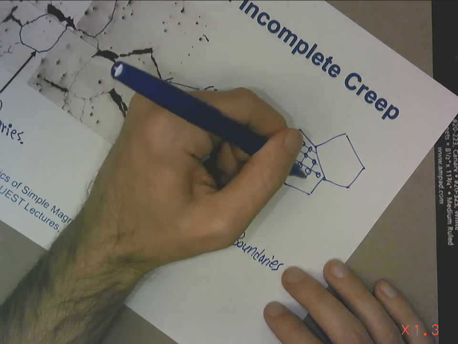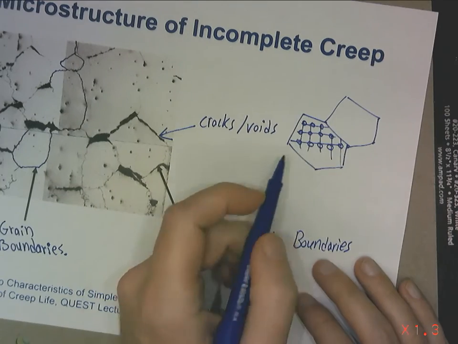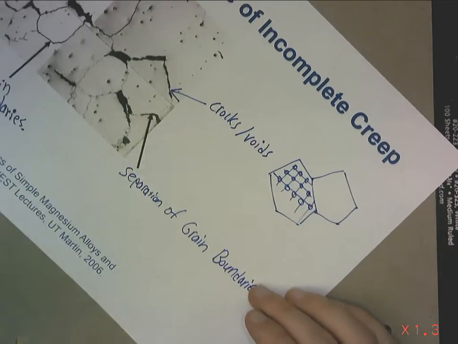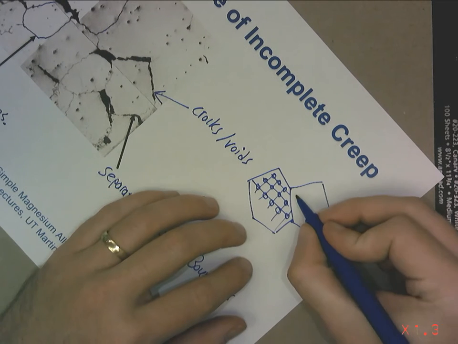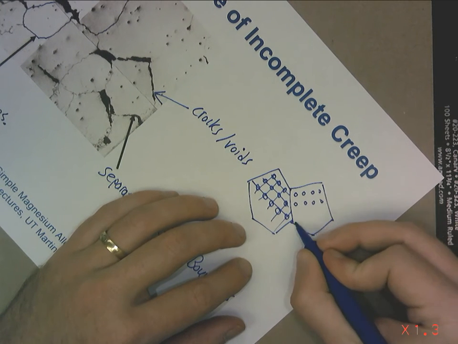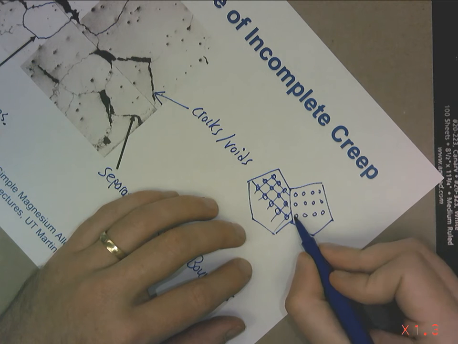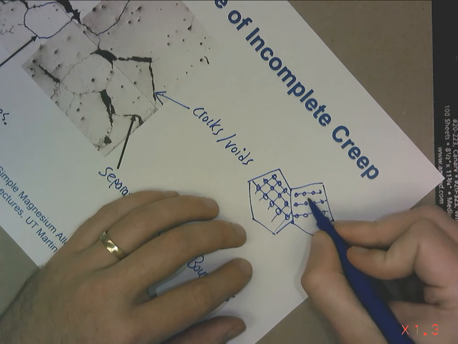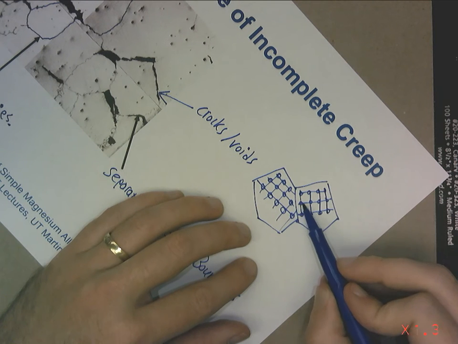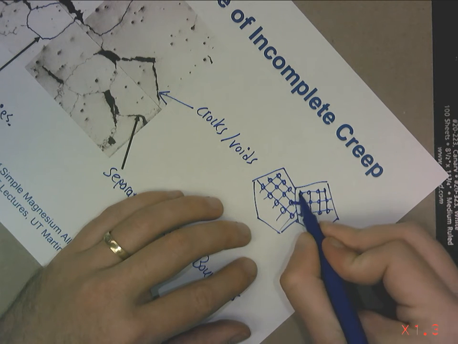We'll say these are cubes. They've got a certain direction. When we hit the grain boundary, it's going to shift direction randomly. Let's just say this is going to go like this. The atoms do bond across grain boundaries.